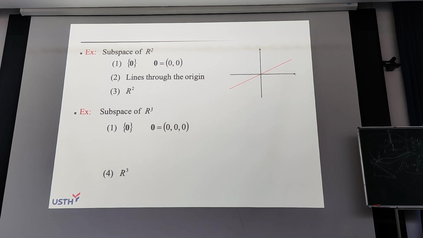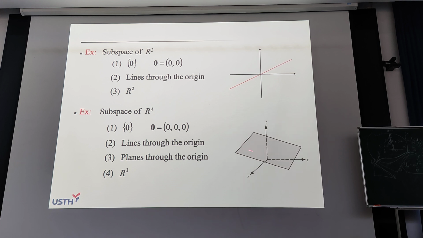The first one is something similar to before: any line going through the origin, and any plane going through the origin. You can see, any plane going through the origin here will be a subspace of R3. That is something we know from high school.